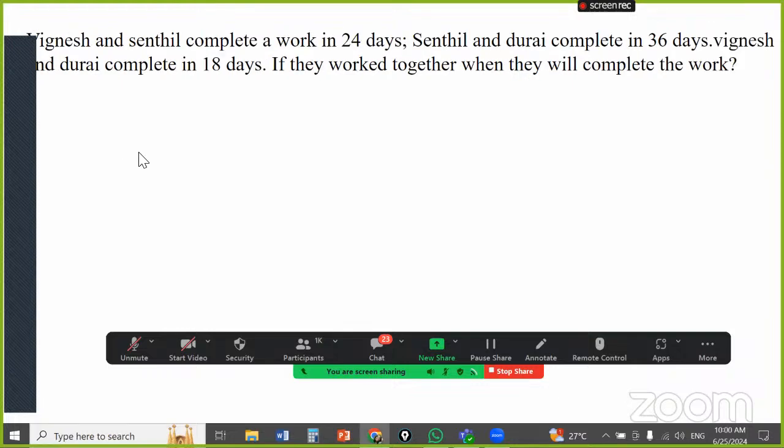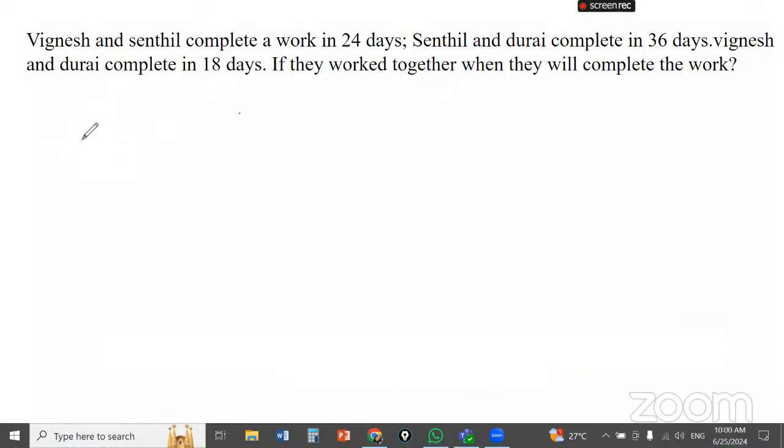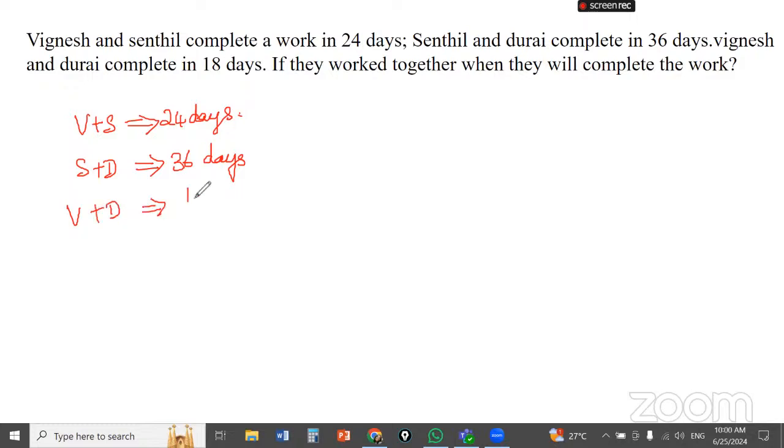Okay, here. Vignesh and Sendil together can complete a work in 24 days. Sendil and Durai together can complete a work in 36 days. Then Vignesh and Durai together complete the work in 18 days. If they all work together, when will they complete the work?